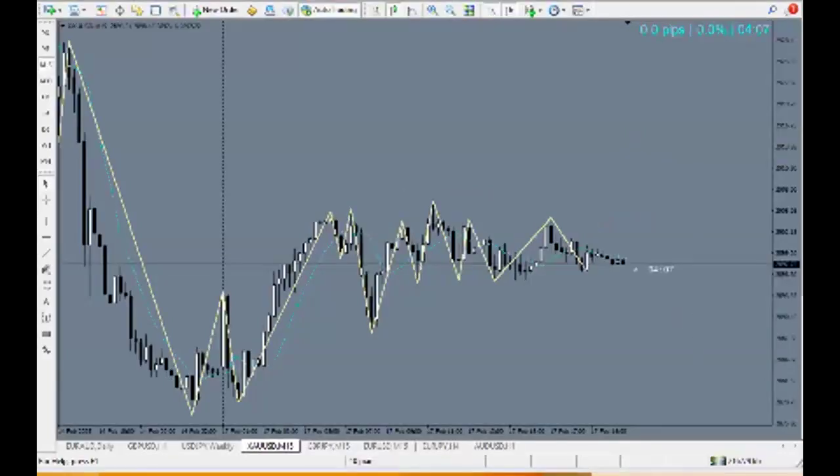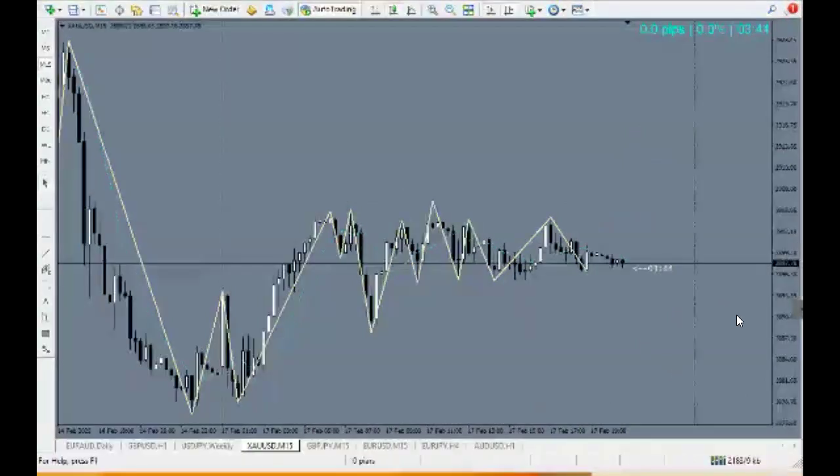About 10 minutes more. Okay, so let's see. Or do we have any particular pair we want to look at? Would we like to analyze any particular pair?